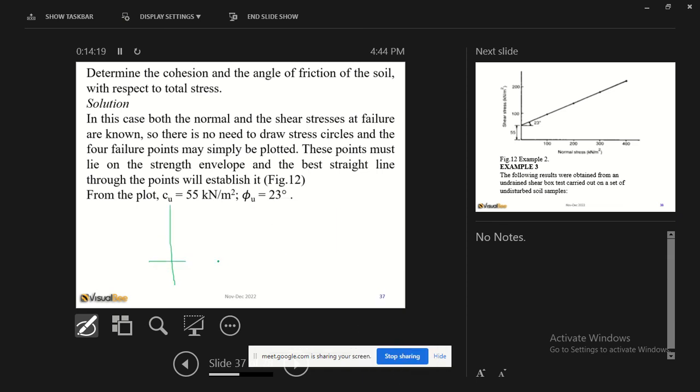Phi U is usually considered 0, but Cu is in a drained condition.